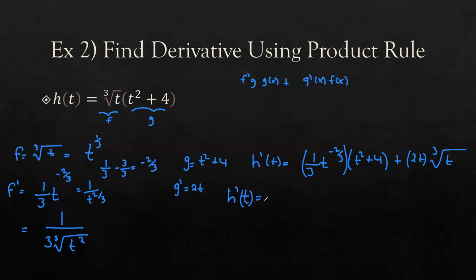Okay, if you want to simplify this even more, if you simplify this using only positive powers, this would be your final answer. It would be t squared plus 4 plus 6 cube root of t times t to the 5/3, and then it's all over 3t to the 2/3.